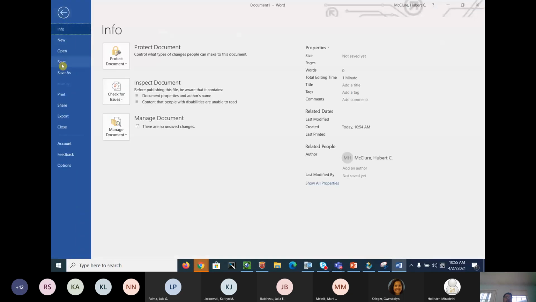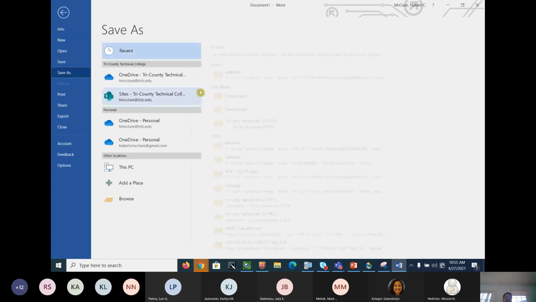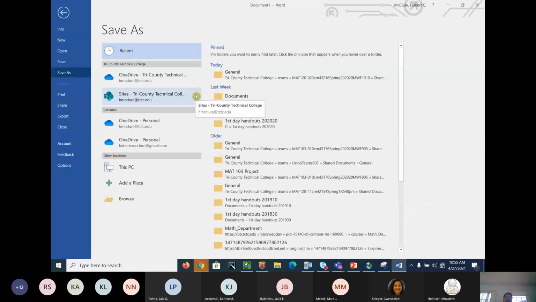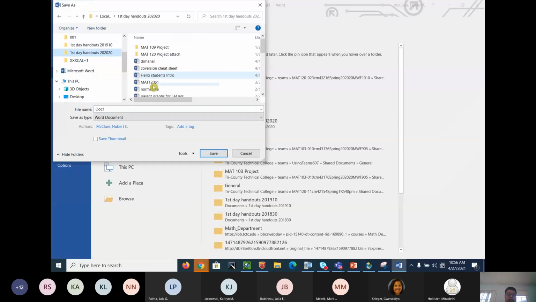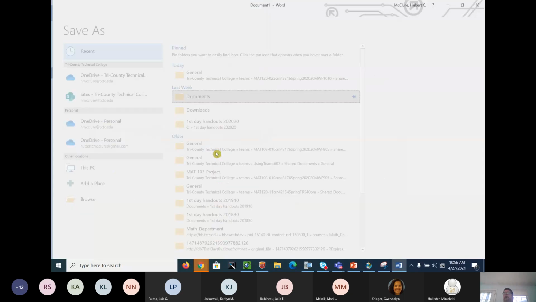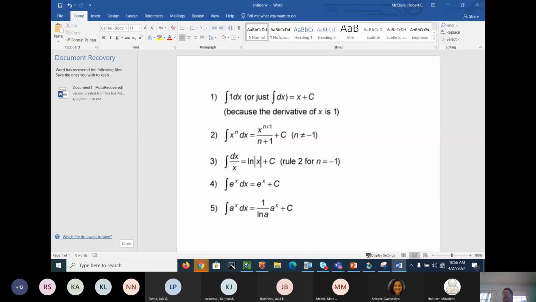Save as documents and antiderivative. You're welcome. So y'all let me know when it comes over. I'll tell you when I'm sending it. Let's see, documents.